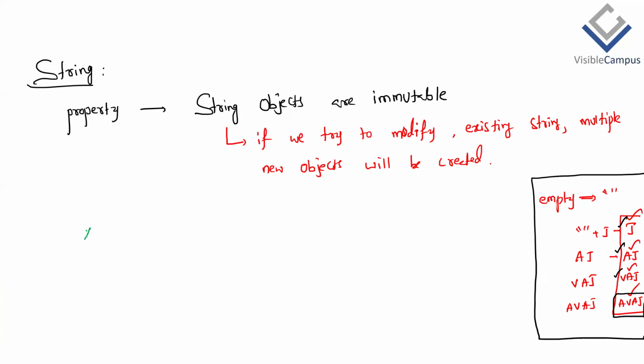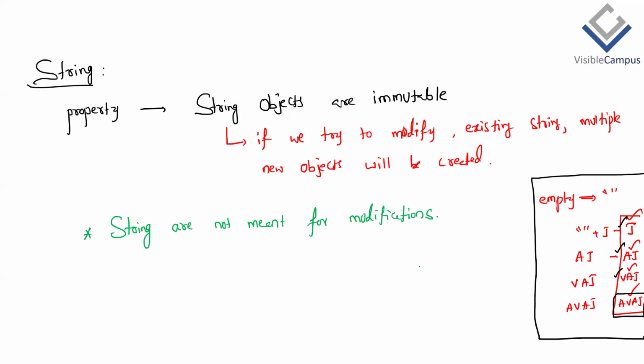The programmer has to understand that if the requirement is for more modifications, then don't use string. Strings are not meant for modification. So it's not a string drawback, it's the programmer's understanding that is wrong.